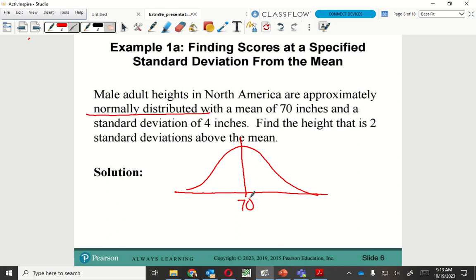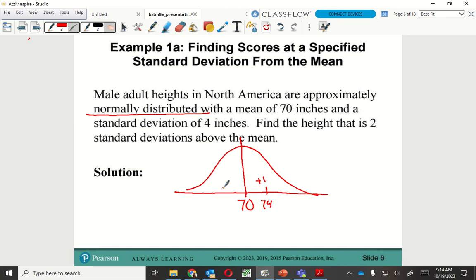It moves away from the mean. So every deviation is 4 inches away. If I go plus 1 deviation, that would be 74.